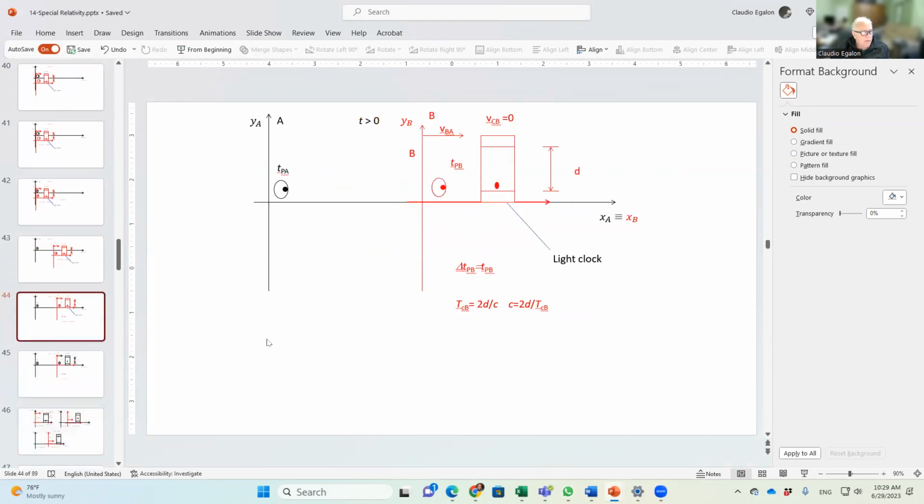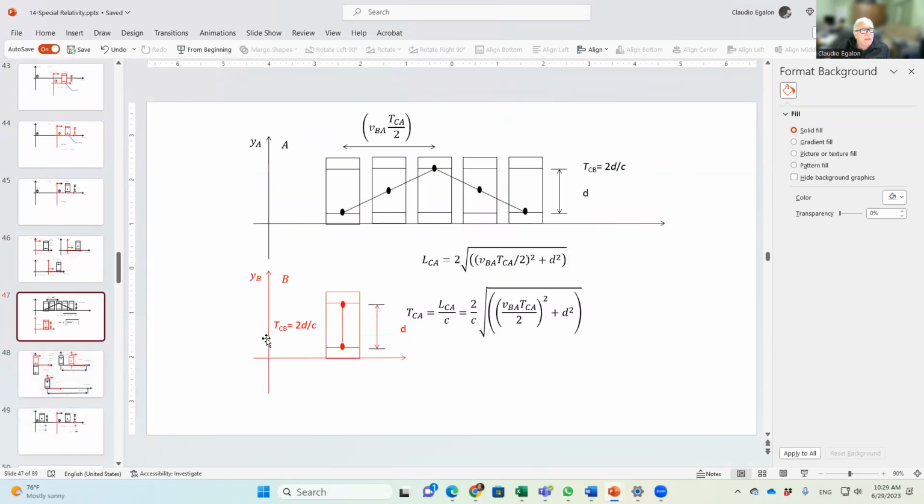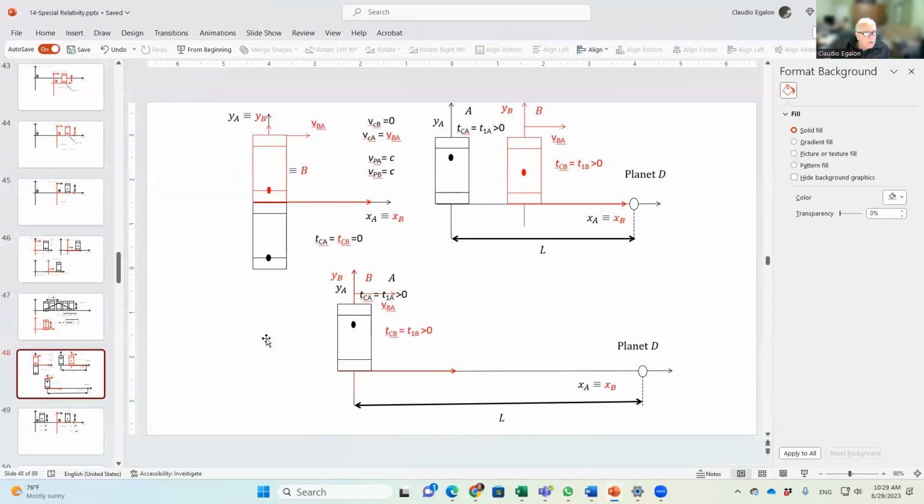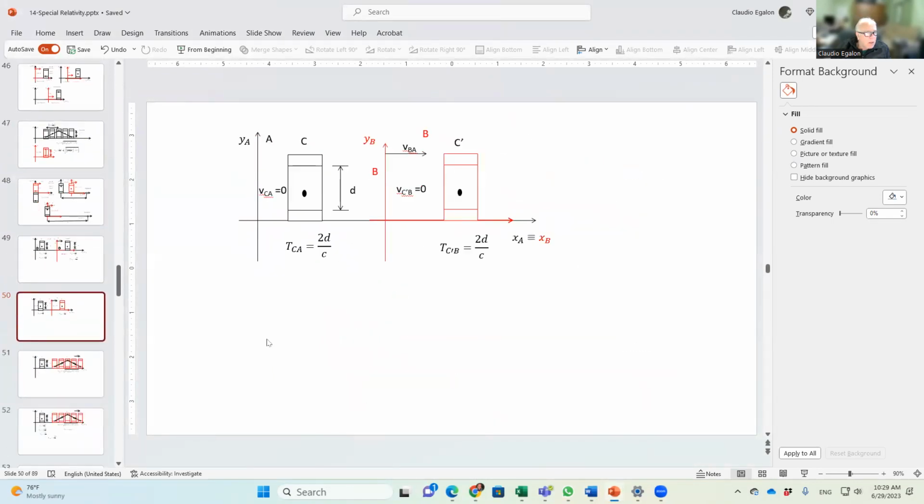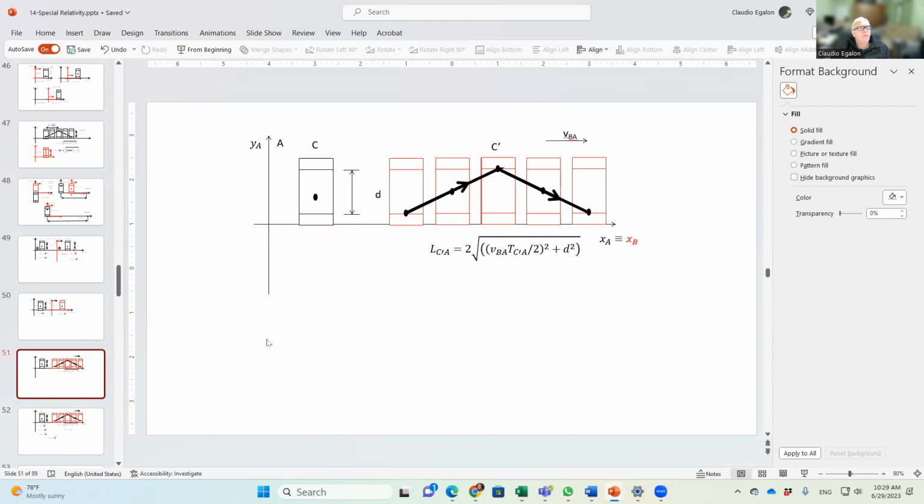Because the clock is moving along the x-axis, what does the other guy see? Let's see if I can get that. I have the wrong illustration here. Okay, this one.